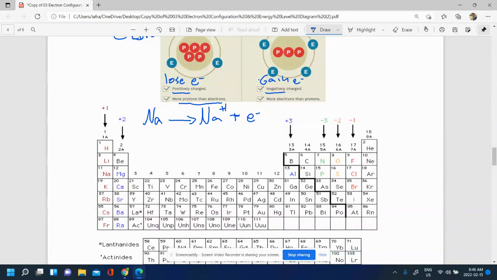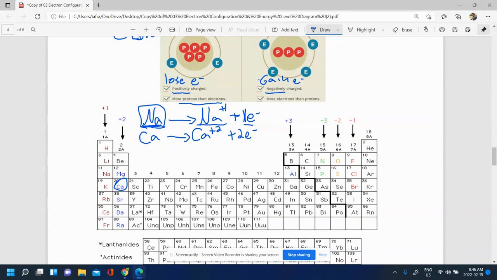That means that sodium, this is sodium metal, just the neutral atom, became sodium +1 by losing 1 electron. So that's released now. Whereas something like calcium, you can see it wants to become a charge of 2+. So that means that it lost 2 electrons.